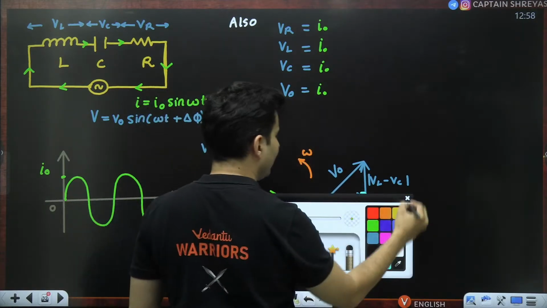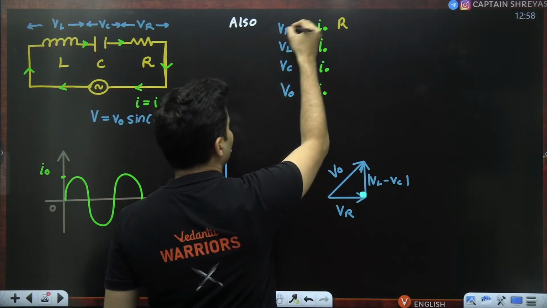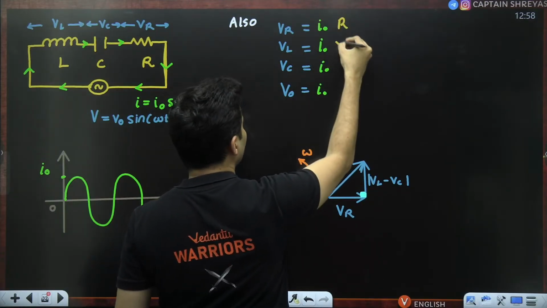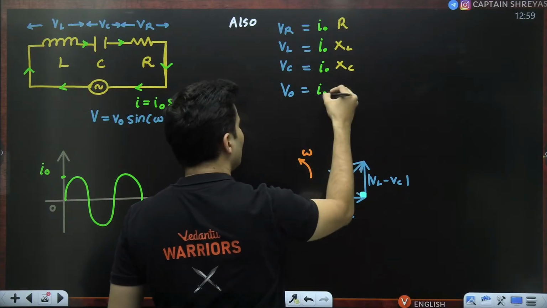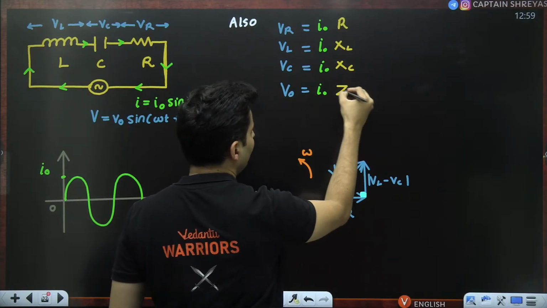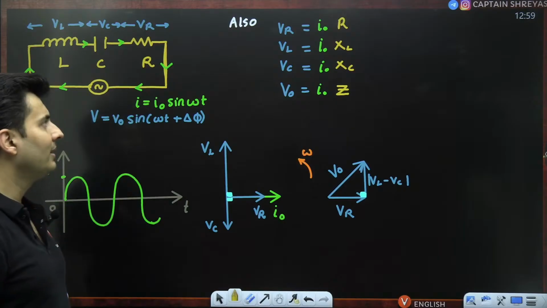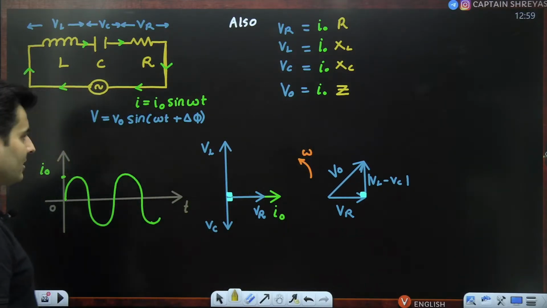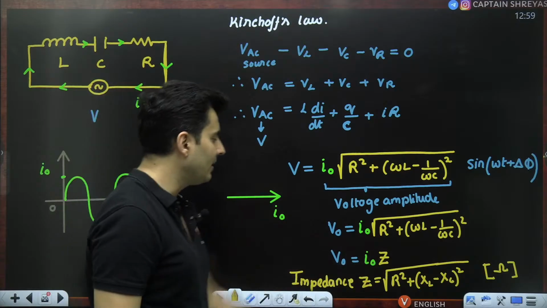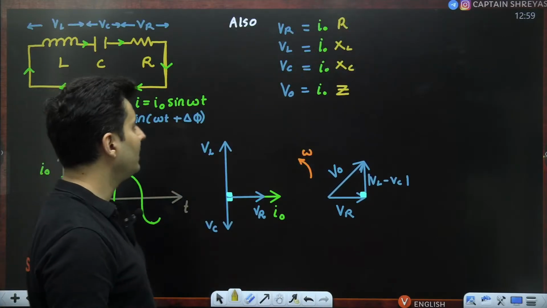For the resistor, it will be V is IR. For the inductor, it will be I into XL. For the capacitor, I into XC. For the total, it will be into Z. Similar looking formulas. V is I into Z.